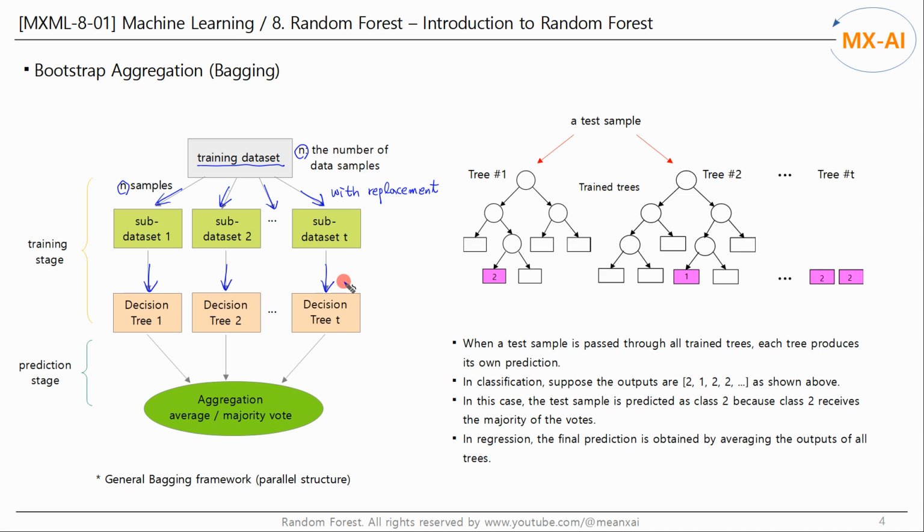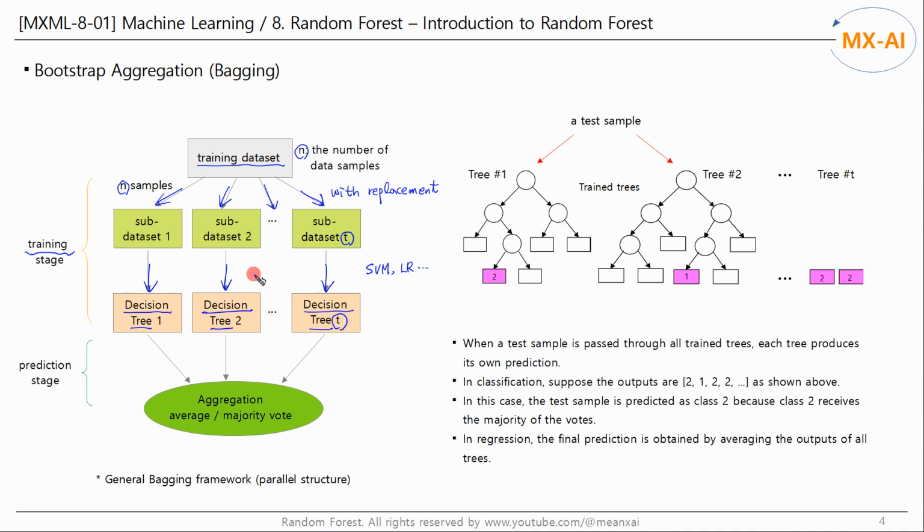General bagging can use many different models, such as support vector machines or logistic regression. However, random forest specifically uses decision trees. If we generate t subdatasets, then we will also train t different trees. That completes the training process.